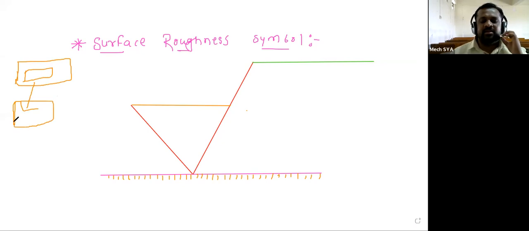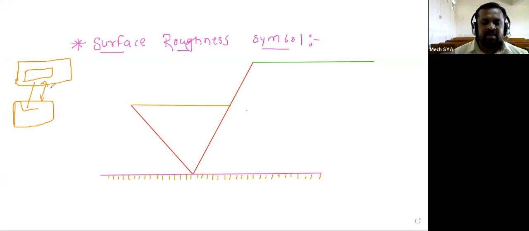The worker, whoever he is, will first understand this drawing, and according to whatever information is given in that drawing, he will try to manufacture the component.